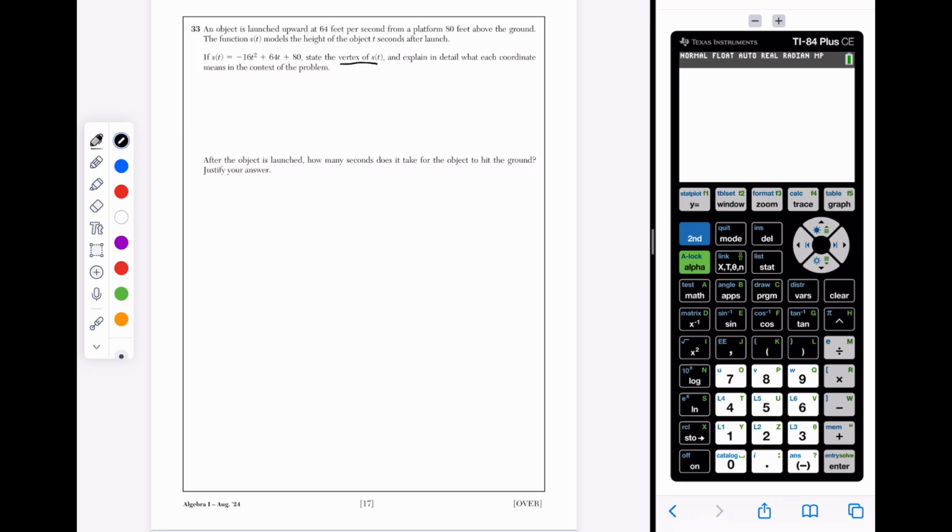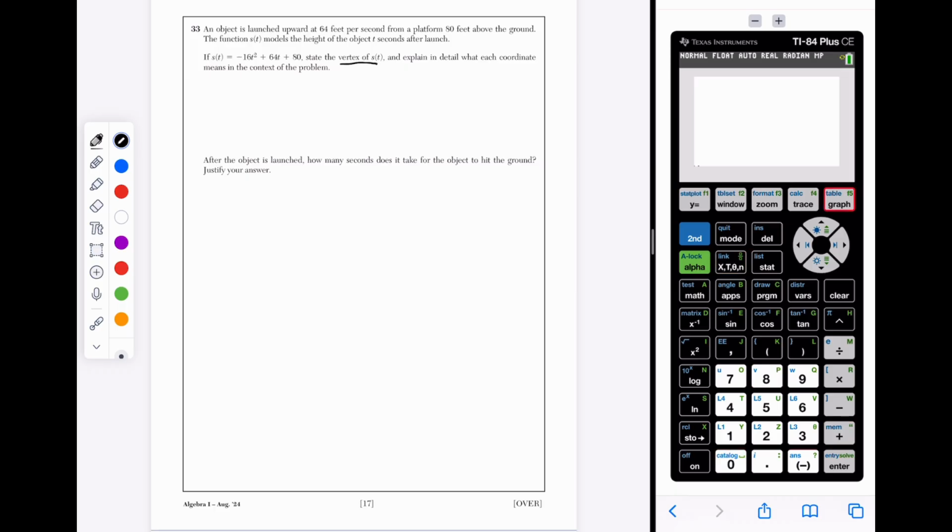So I'm just going to put it into our graph: negative 16, you don't need a t, so I can use x, x squared plus 64x plus 80.